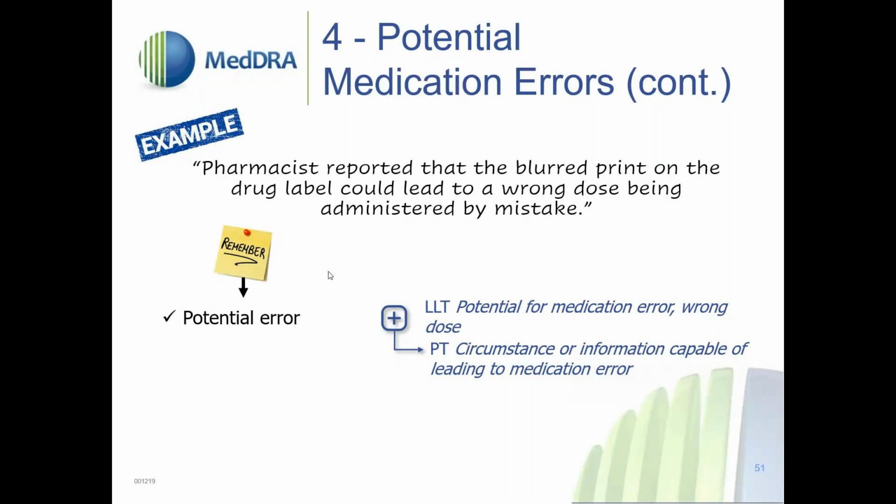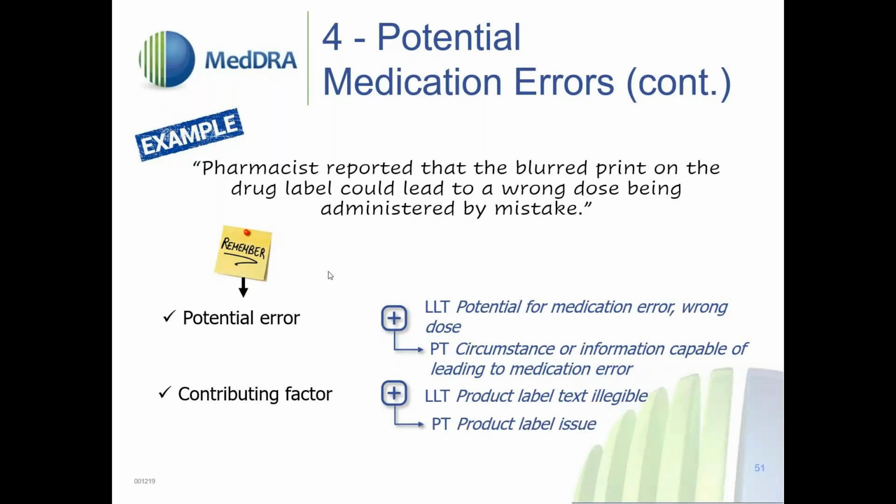If no such term would be available, split coding would become necessary, and the type of the potential error would have to be captured in addition by assigning LLTs like wrong patient or wrong schedule or wrong rate, for instance. And we would also code the contributing factor that could lead to this medication error, here the blurred print on the label, by selecting LLT product label text illegible under PT product label issue.